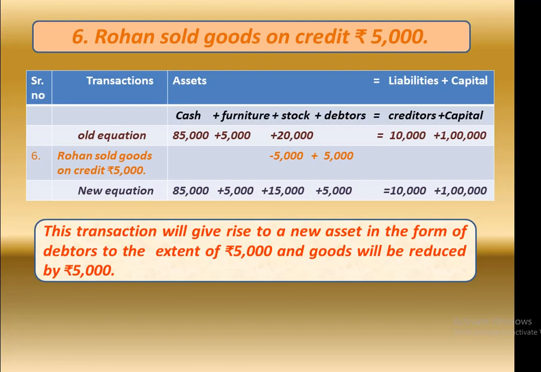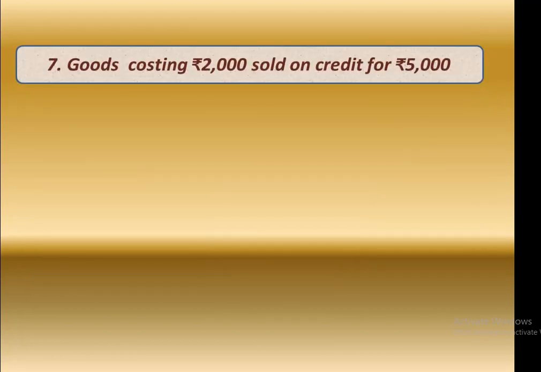I hope these transactions are clear to you. Next, goods costing rupees 2,000 sold on credit for rupees 5,000. This means it gives rise to a new asset in the form of debtors to the extent of rupees 5,000, but goods will be reduced only by 2,000.